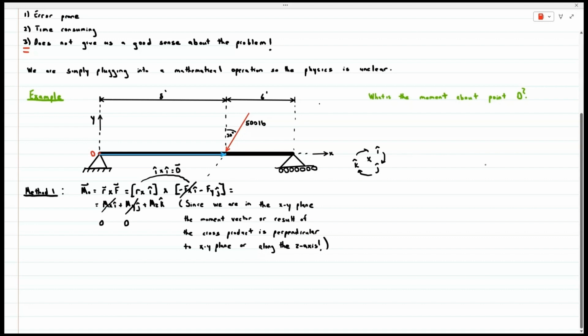If we go the other way, like k cross j, we just introduce a negative sign, which would be negative i. So here, what we have is i cross j, which is just k. If we plug in the numbers, we get around negative 3,400 foot-pounds.